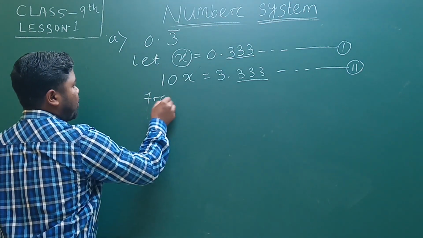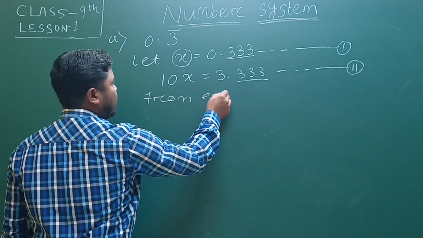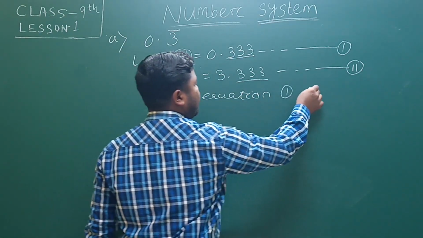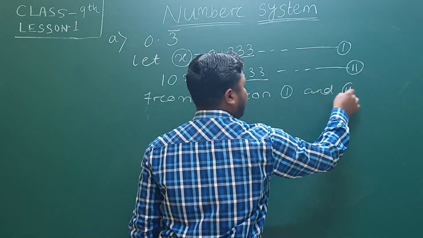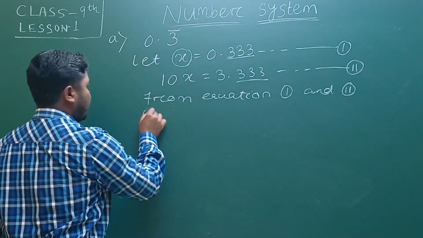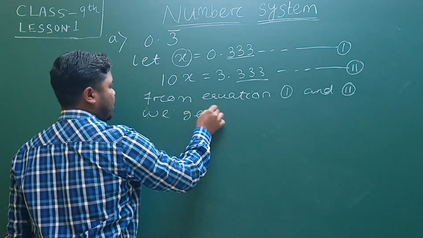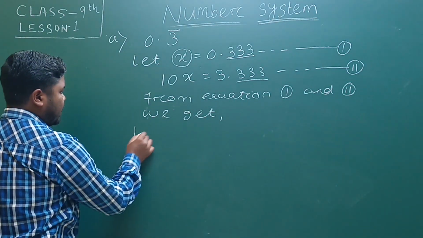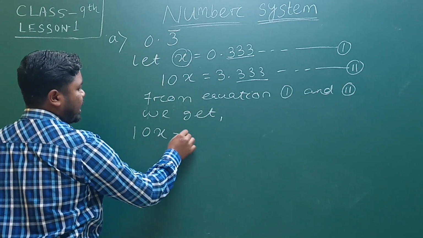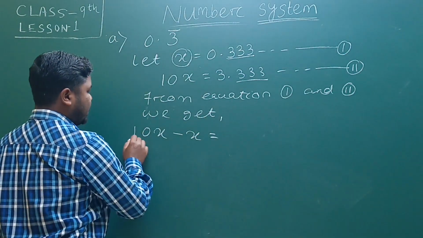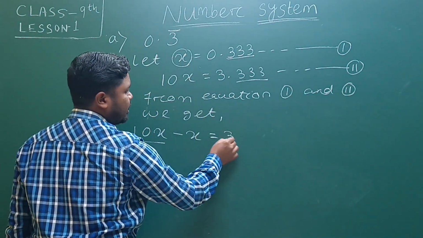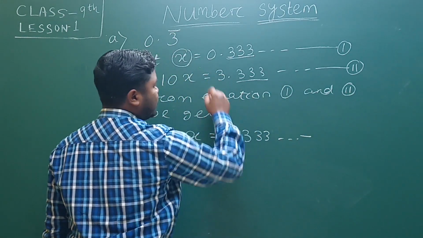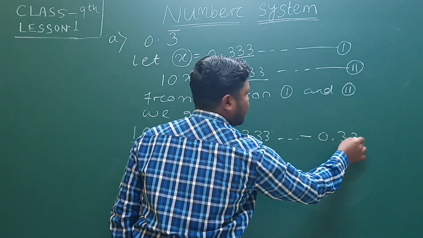From equation 1 and 2, we get, by subtracting 1 from 2, 10x minus x equals, what is the value of 10x? 3.333 minus 0.333.